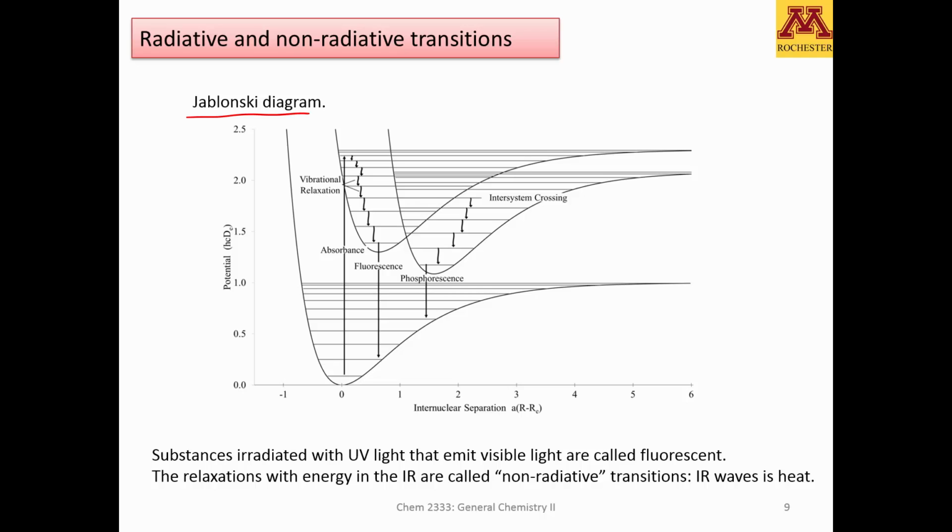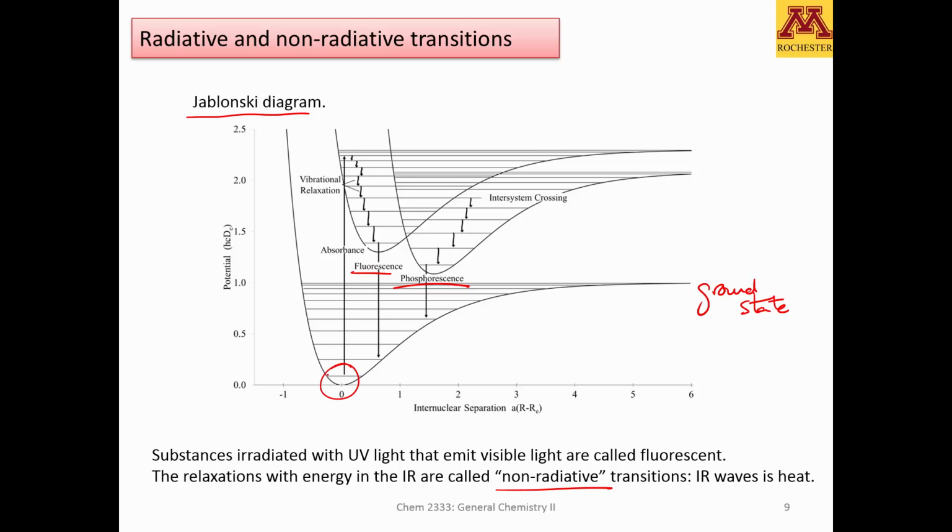This one is called a Jablonski diagram. You don't have to remember this, but these kinds of diagrams can explain phenomena like fluorescence and phosphorescence, or what are called non-radiative transitions. So let's think about that. Say that this is a molecule, this is my ground state. Like any other molecule, it can absorb.